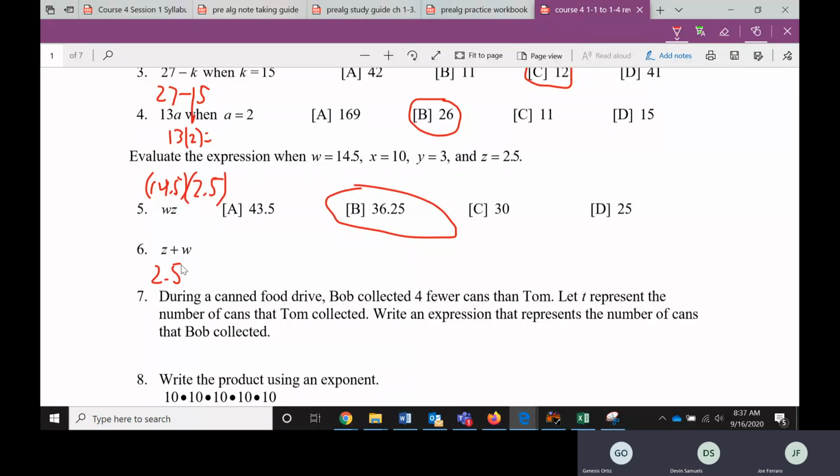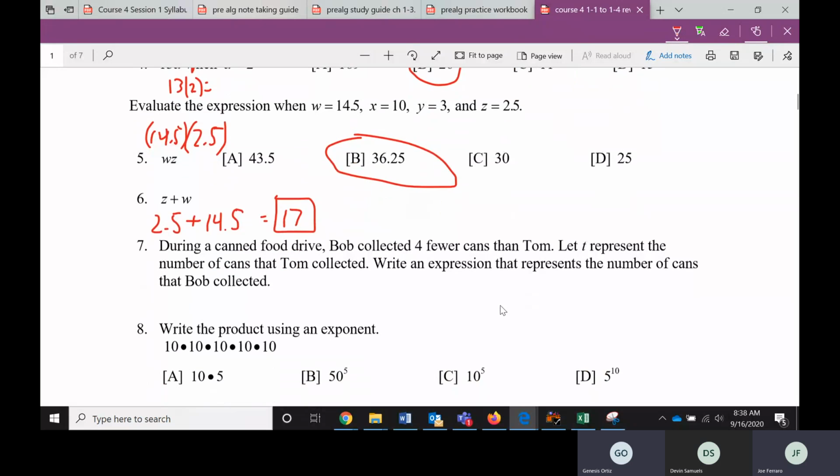So it's 2.5 plus, and W is 14.5. A lot of you won't need a calculator, but you could use one. It doesn't matter. You should be getting 17 as an answer here.